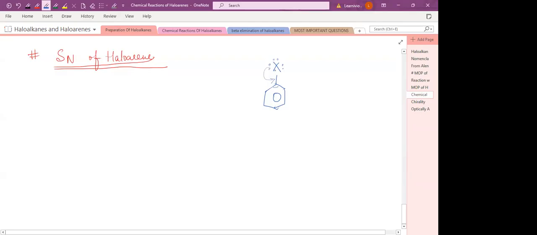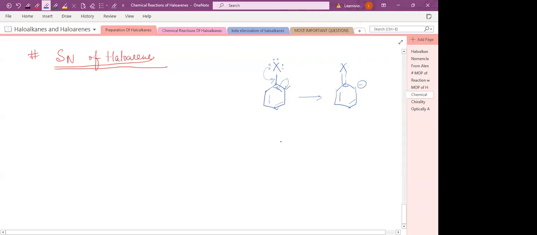The halogen donates its electron to the ring, and negative charge shifts over here. So the partial double bond between the carbon and halogen makes it very difficult to break this bond.